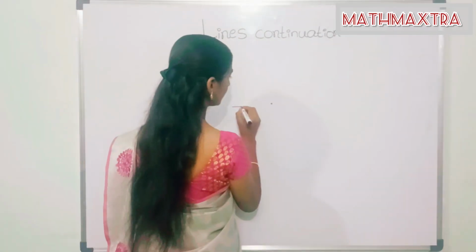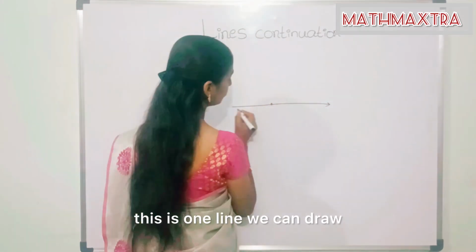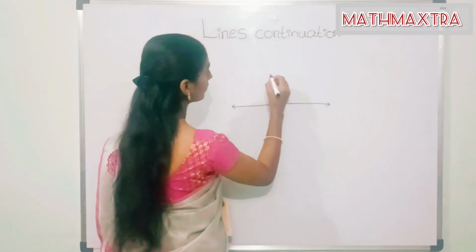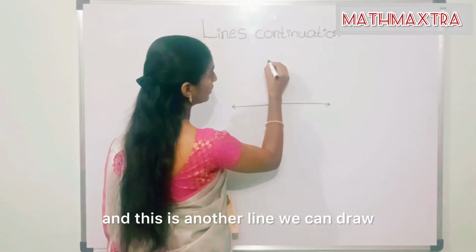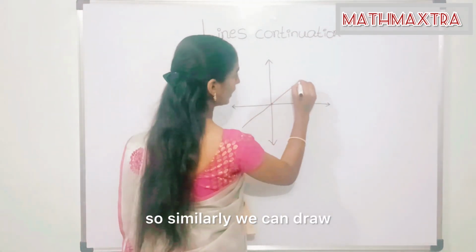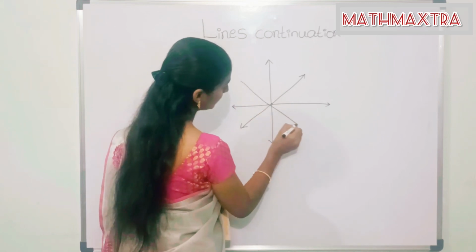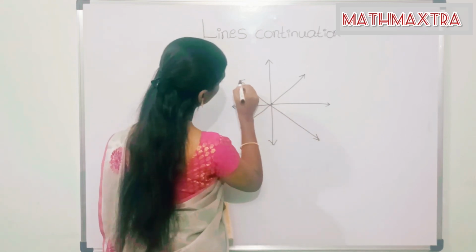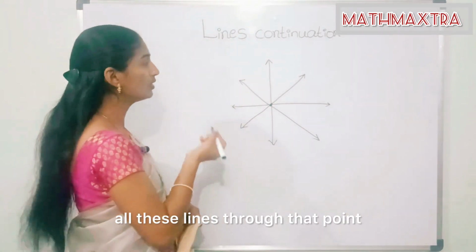See, this is one line we can draw, and this is another line we can draw. Similarly, we can draw all these lines through that point.